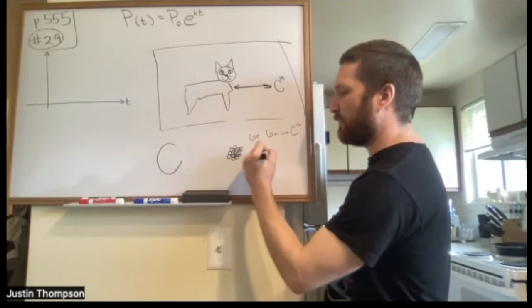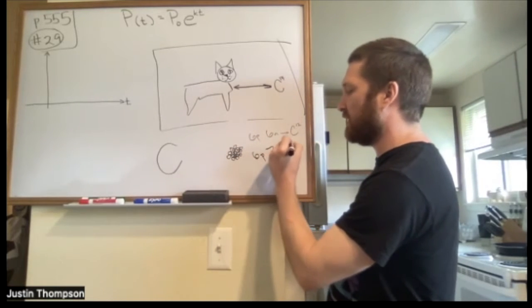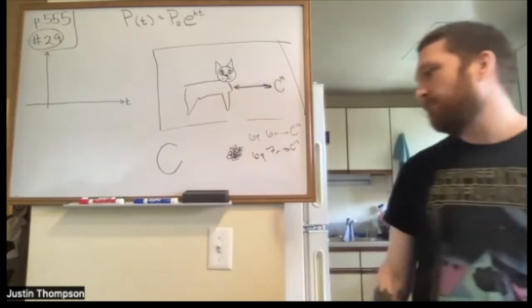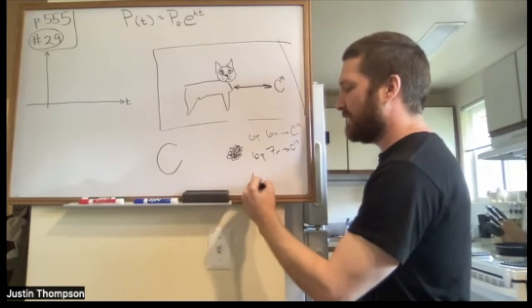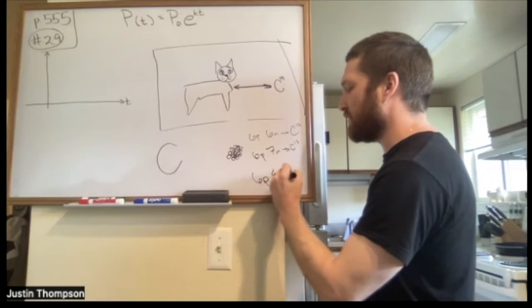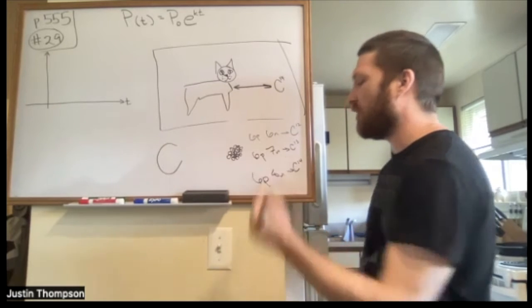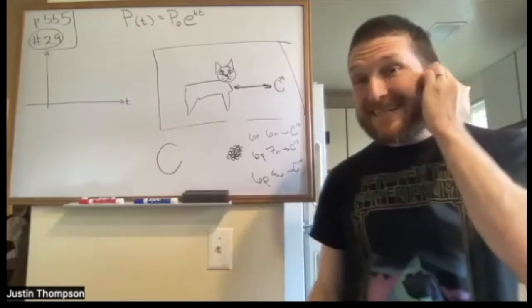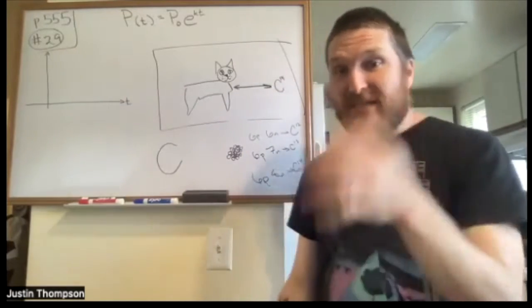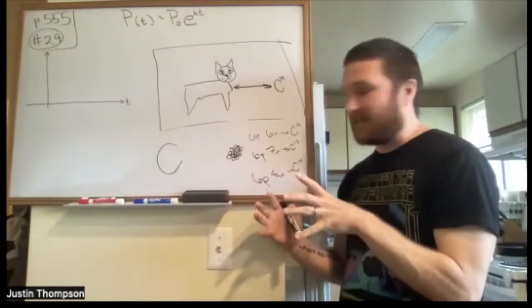Some have 6 protons and 7 neutrons, which gives you carbon 13, a total of 13 things in the nucleus. Finally, 6 protons and 8 neutrons gives you something called carbon 14. The thing is, though, carbon 14 is not stable. It doesn't stay as carbon 14.